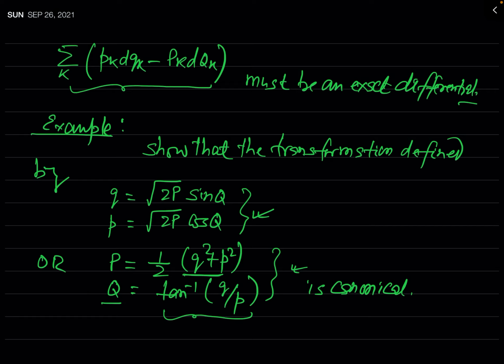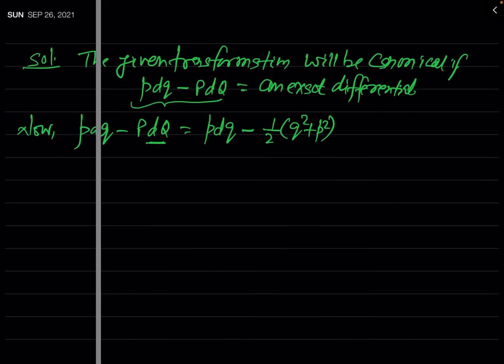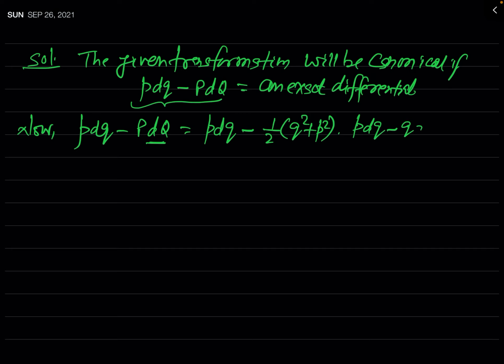And so we have to write the differential of this tan inverse q by p. So what will be its differential? This will be actually equal to (p dq minus q dp) divided by (p square plus q square). This is differential of tan inverse q by p.